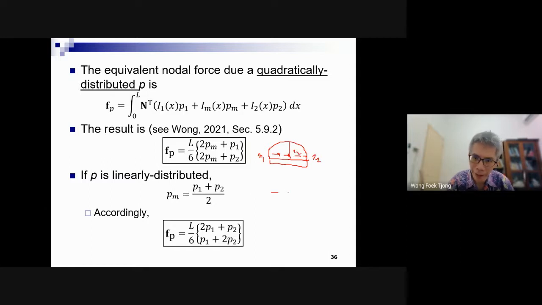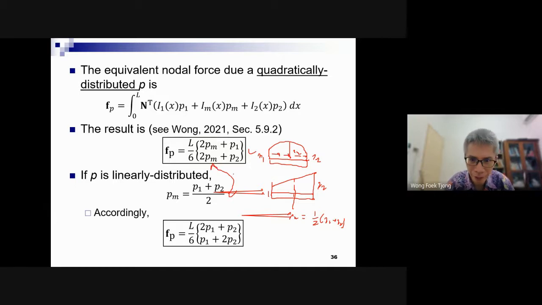How about linear? For linear, we just need two data, P1 and P2, right? What happens in the middle? In the middle it will be 1/2 of P1 plus P2, the average. So we can use this formula and plug this into this. No need to derive again. Of course, we can derive again, but no need.